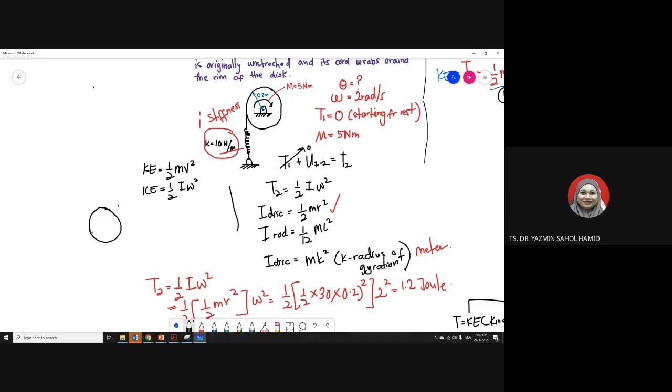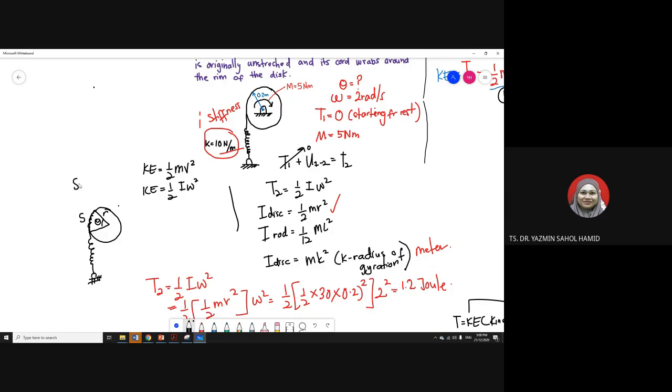Okay, the spring is attached. Dia fix kat bawah ni, dia tak bergerak tapi dia boleh stretch kan. So spring ni dia bergulung-gulung dekat atas ni, dia berpusing. So ini adalah S, ni adalah R, ni adalah theta dia.